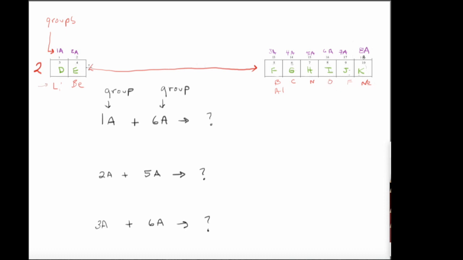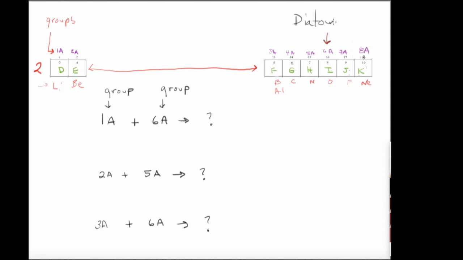And then in terms of the types of questions that you could or could not be asked, we're going to practice a few problems here. Here's an example where we're combining a group 1A element with a group 6A element. Again, 6A is over here, and the key thing to remember is that you've got to pay attention to your diatomics.